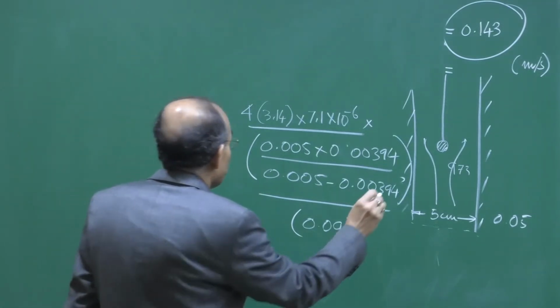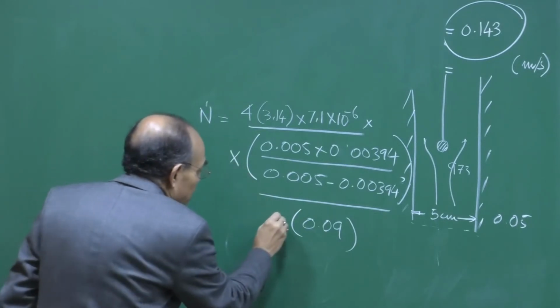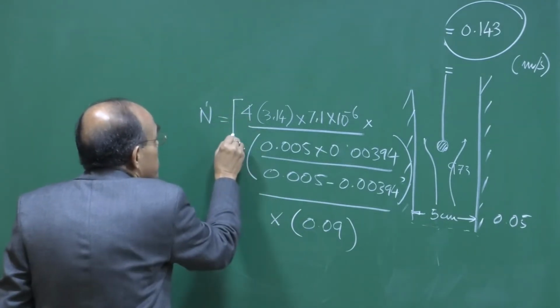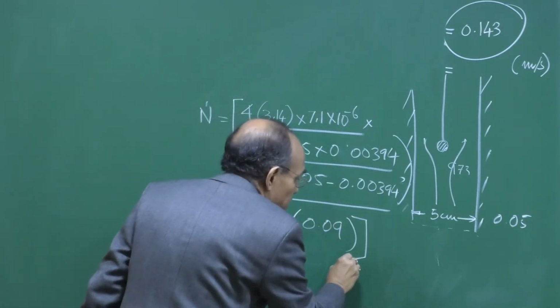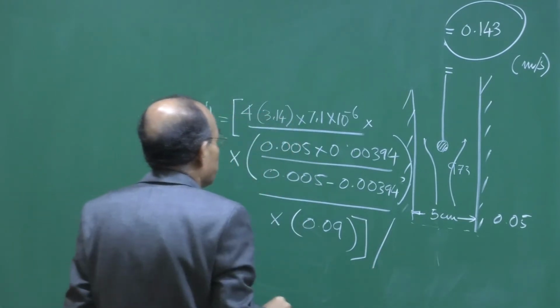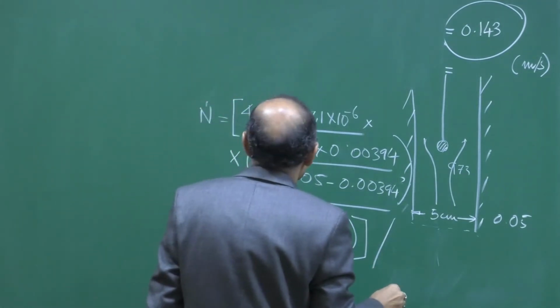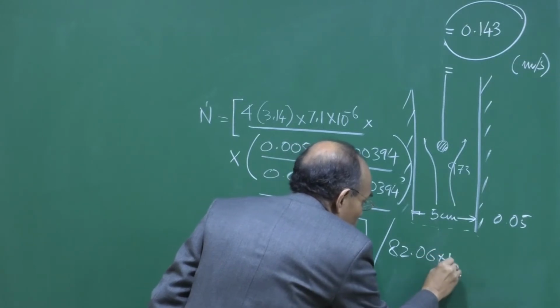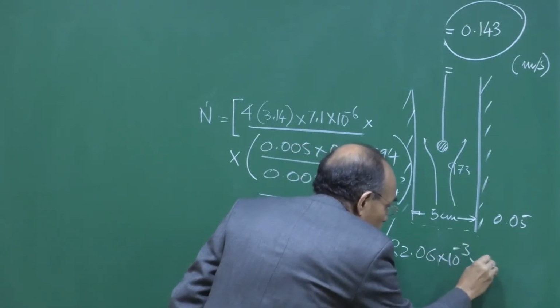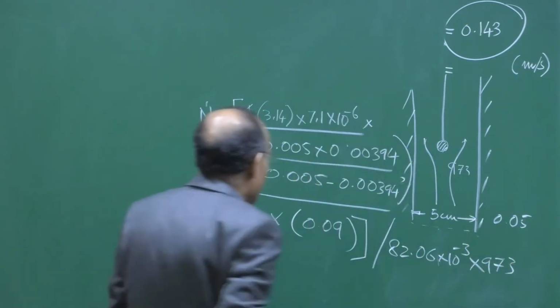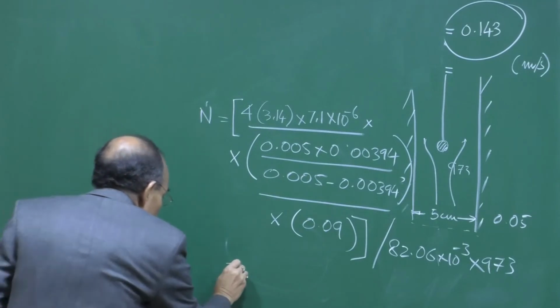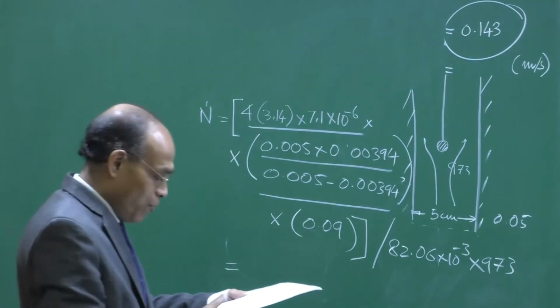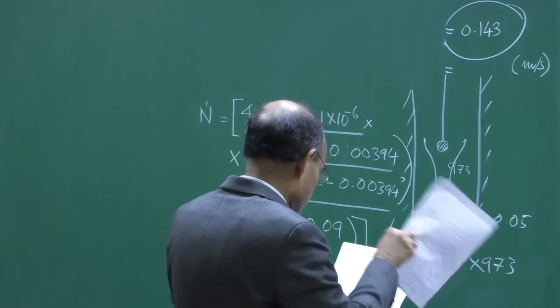Therefore, multiplied by this, and if we do this and then divide by 82.06 into 10 to the power minus 3 into 973, we get a value which is of the same order of magnitude, but a little different.